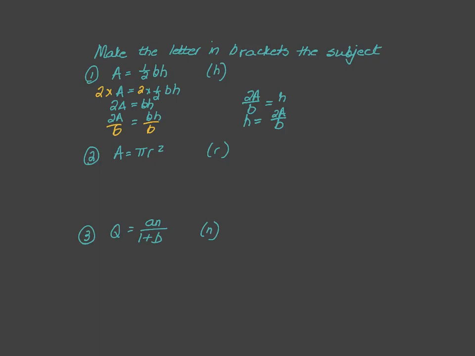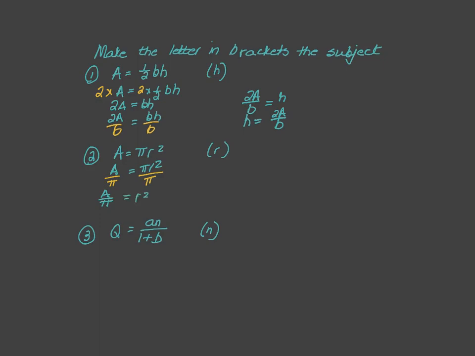On the left-hand side, I have A divided by pi is equal to, and on the right-hand side, pi r squared divided by pi. On the left-hand side, A divided by pi, and on the right-hand side, pi divided by pi is 1, and so I have r squared.